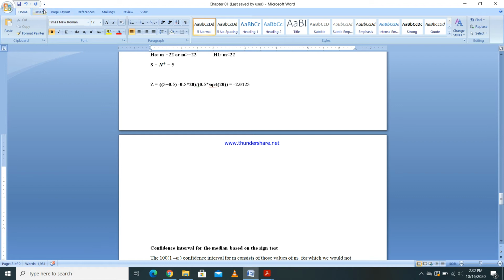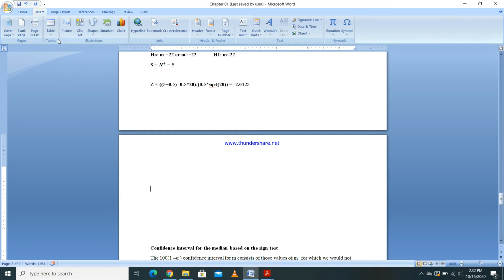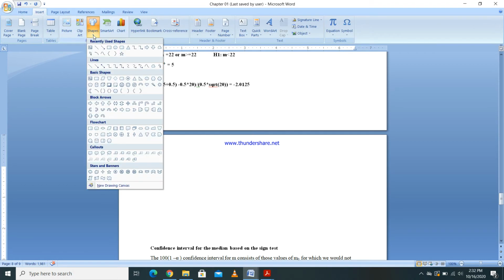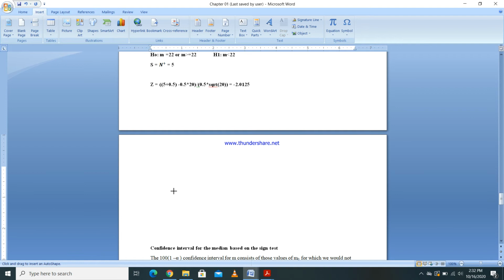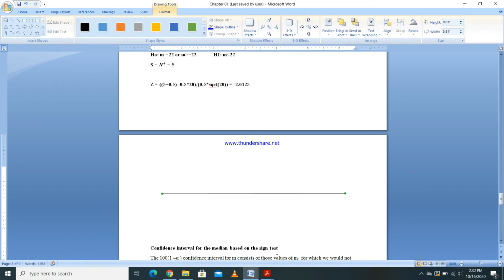So if you have the standard normal distribution like this, we need to find the cutoff point. Now if you look at the alternative hypothesis, you have the less than inequality.